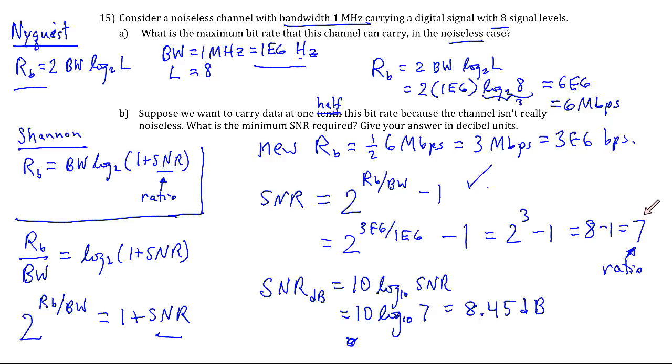That's actually pretty noisy. But we can do it in this case because our bandwidth is 1 megahertz. So this is a realistic example where we have quite a bad channel and we actually don't get that much of a bit rate out of it. Hope this helps.